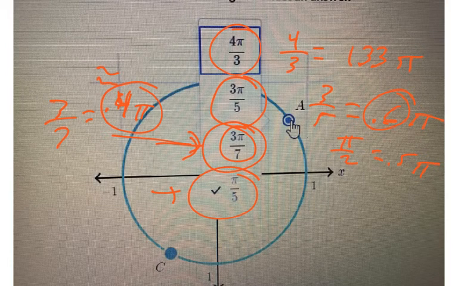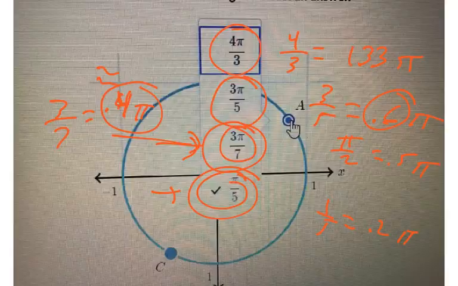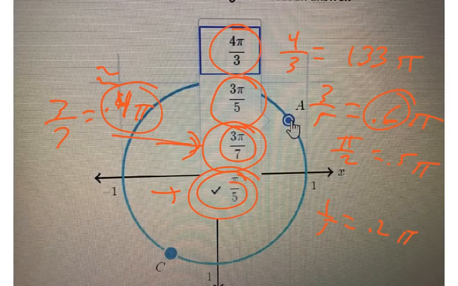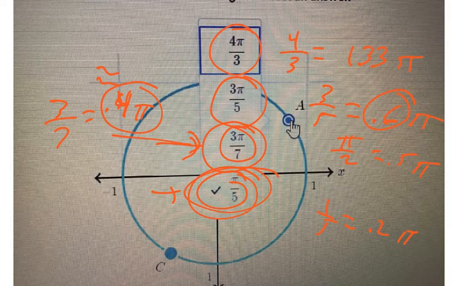The whole point is pi over 5. If I did 1 divided by 5, that is 0.2 pi's. And that's what we have at point A, okay? This is a pretty small angle right here, bottom line. So I'm going to pick pi over 5 because 1/5 is 0.2. It's a small angle, okay? And I'm going to get it right.